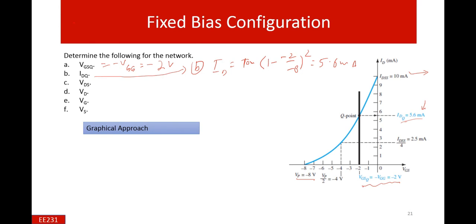And similarly, what is VDS? Next is the VDS. It is equal to VDD minus ID RD.